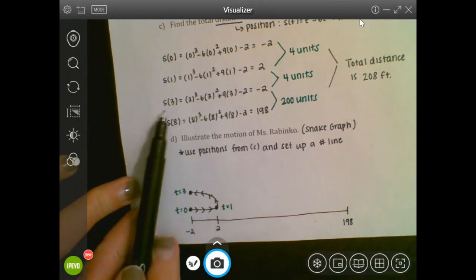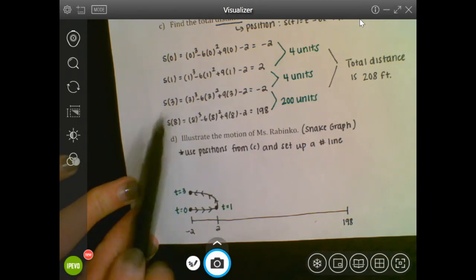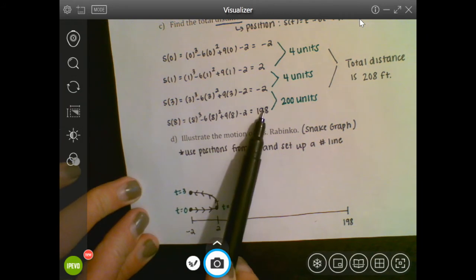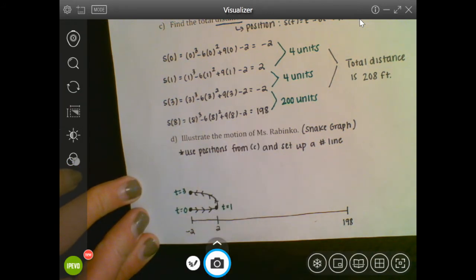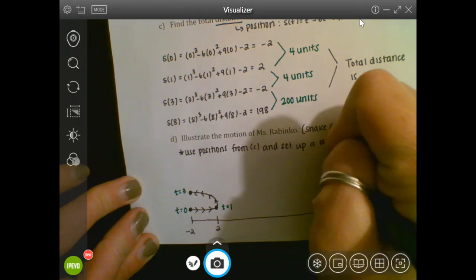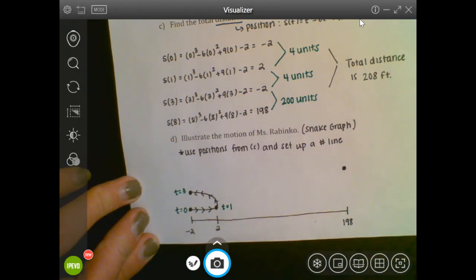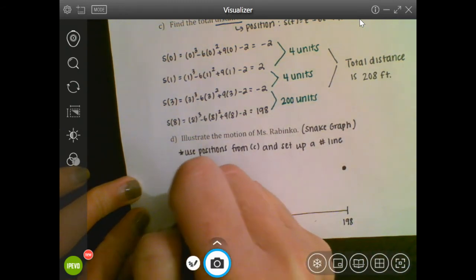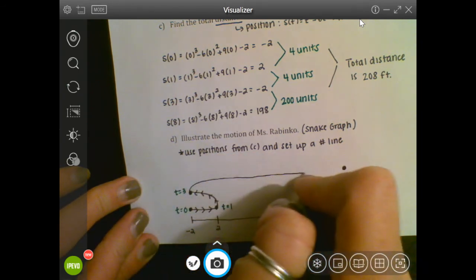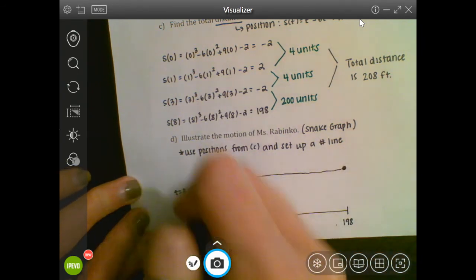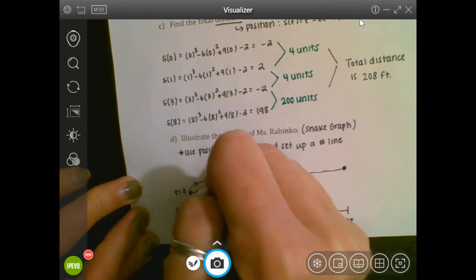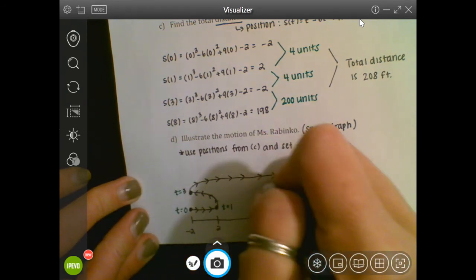But that's happening at time of 3. At the time of 8, my position is 198. So from here, now I'm traveling this way. My position is at 198, and my path is going to look something like this to get there, because now I'm traveling on my number line to the right.